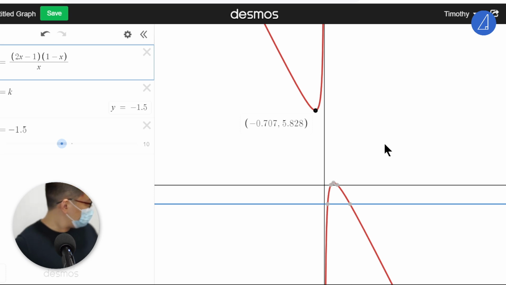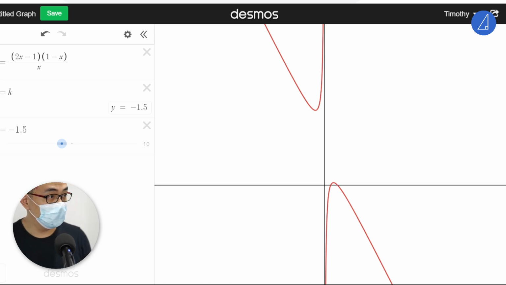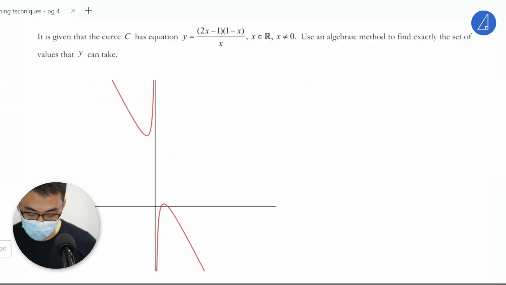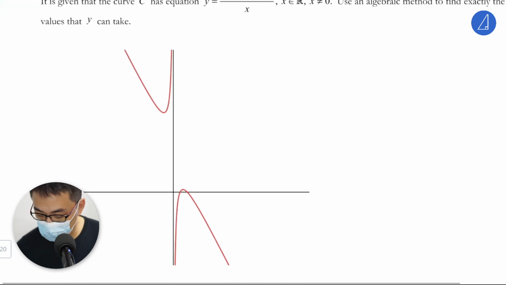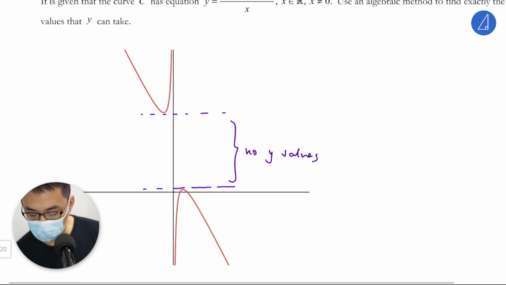So we have to find a way to solve this. How do you actually find the gap here, which doesn't have the y? That is what they are trying to ask. So what we need to find now is, we know that there are no y values here.